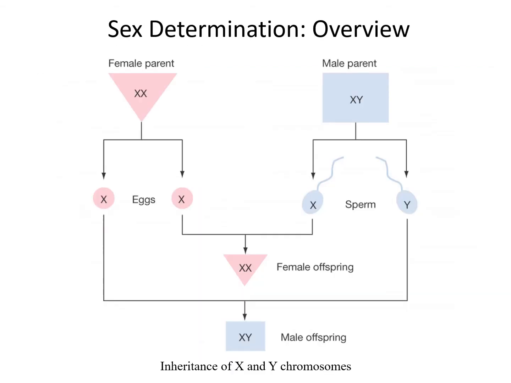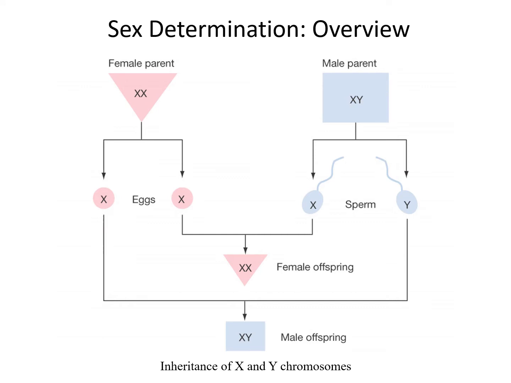So sex determination is pretty straightforward in mammals like ourselves. There's actually lots of different ways to determine sex, but we won't get into how it works in the rest of the plant and animal and fungi system. But in mammals like ourselves, if there's two X's, that means that the embryo will develop as female.